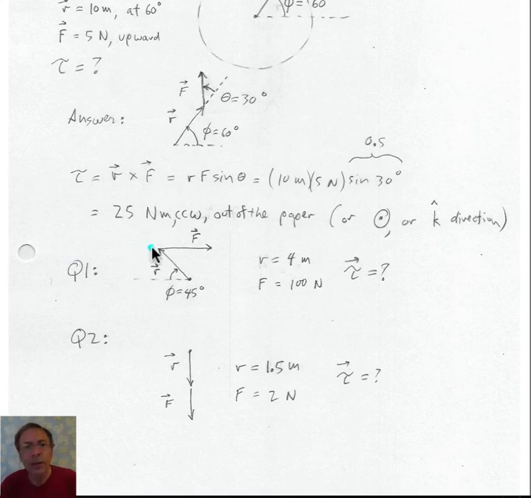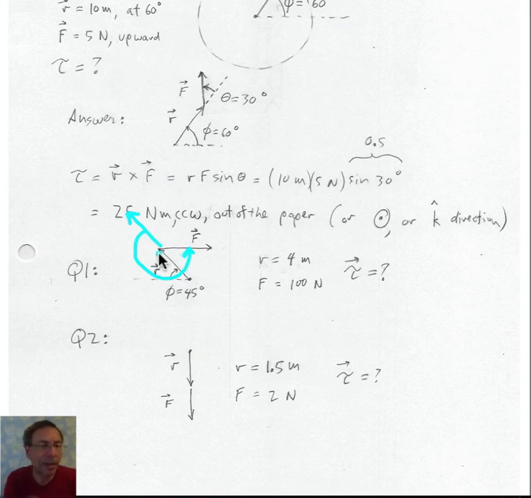Here's what you want to do. You want to have your R vector continuing out like this, and now you could think of the angle as being 180 degrees plus 45.